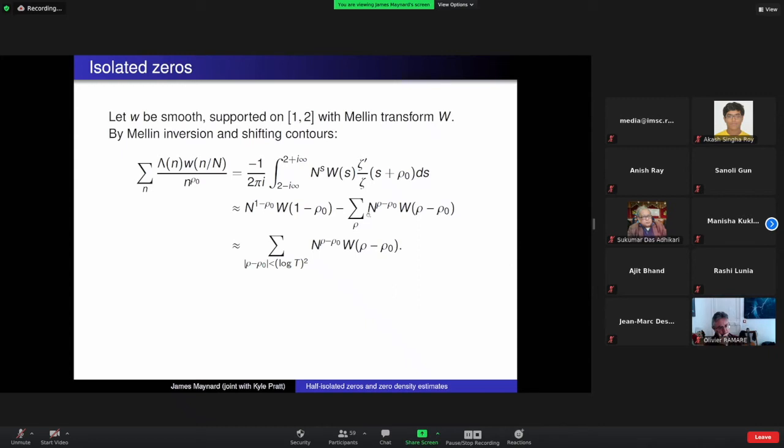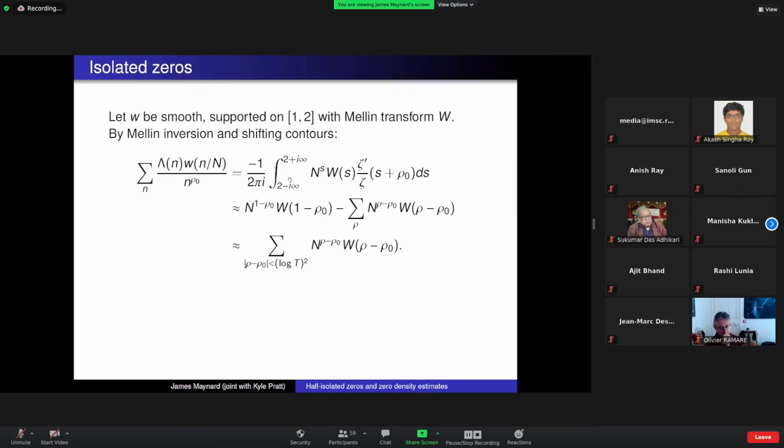I pick up poles when the argument of zeta prime over zeta is equal to 1, or when the argument of zeta prime over zeta is equal to rho for some zero of the zeta function. And I get some leftover contour that's basically negligible, so I'm going to ignore it. So essentially, I can approximate this contour integral as the sum over all the residues.